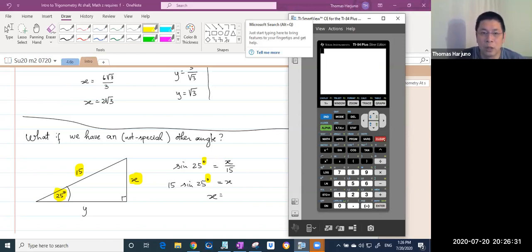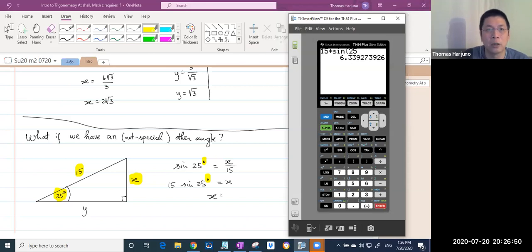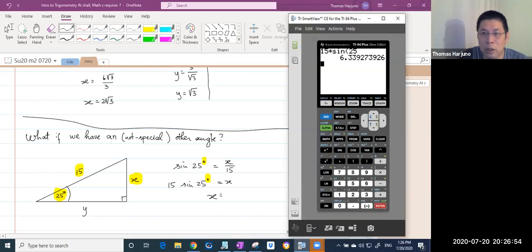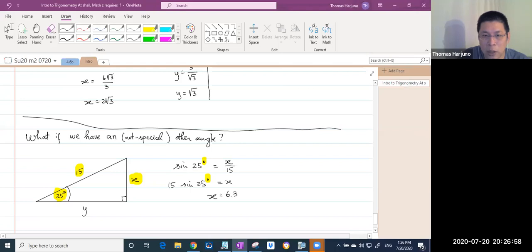Now I can compute 15 times sine 25, and the mode is already in degrees. So when I say sine 25 there, it refers to 25 degrees. Then the answer is 6.33927.